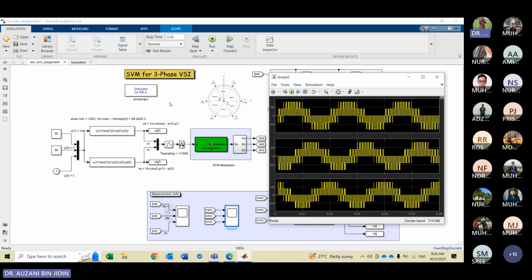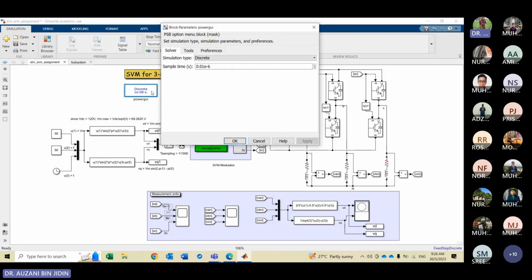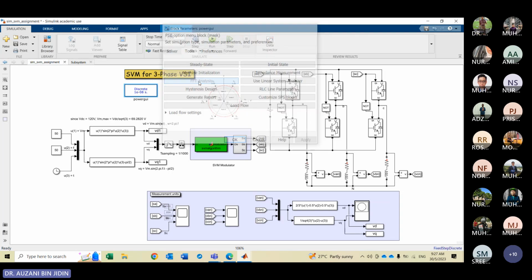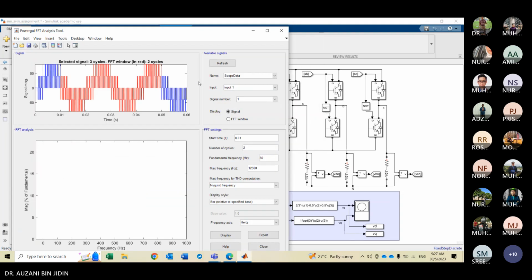Next step, double click this block, Power GUI, Power Graphic User Interface, go to the Tools tab, click FFT analysis. Just apply the setting that I have provided here, then click the Display button.